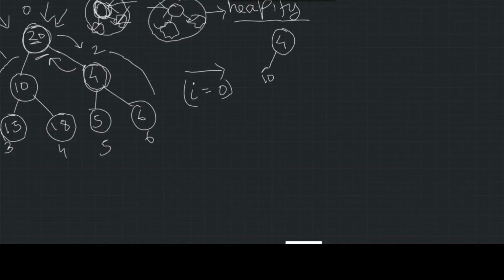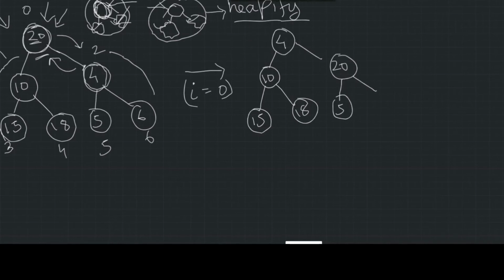Over here there will be 10, 15, 18, 20, 5 and 6. Now the disturbing node is 20, because its left and right are both heaps.